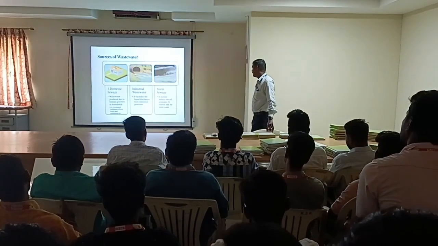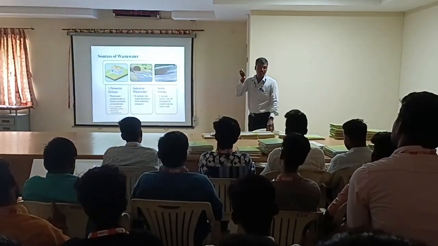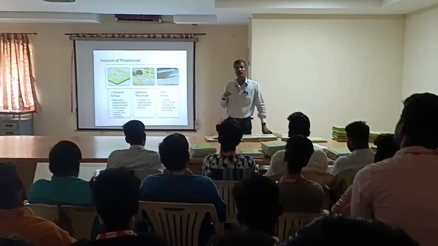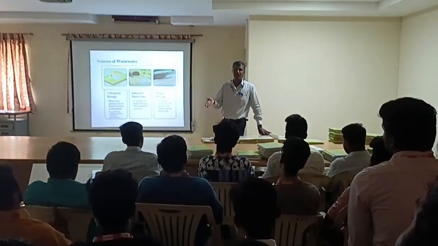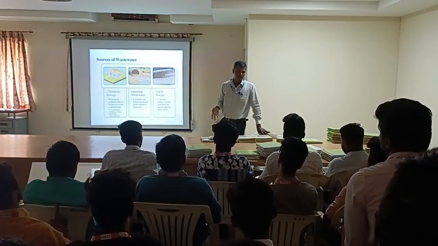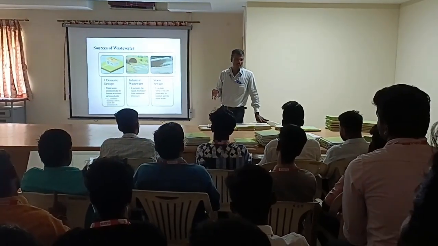For example, we get domestic sewage from residential buildings, and also from offices, hotels, and institutions. For example, we are in an educational institution. What is the source of wastewater here?